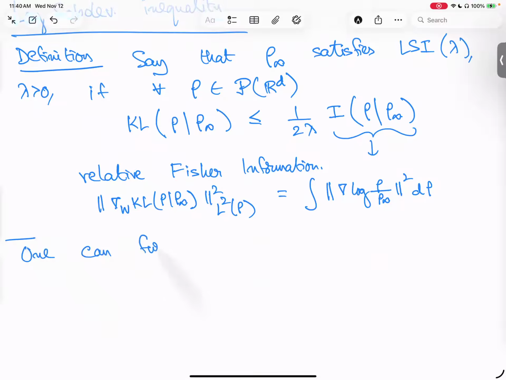One can furnish an OT proof of the following theorem.